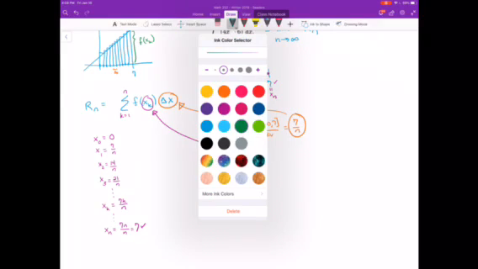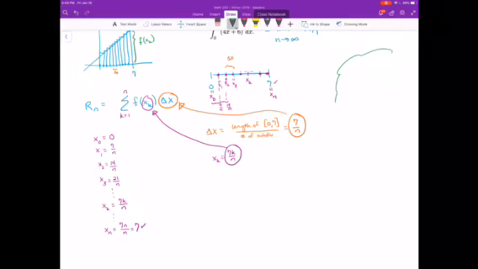Just a quick aside. If instead I was going from, say, 2 to 9, my delta x would still be 7 over n because the length of my total interval is 7. But now x sub 0 is 2. So when I move 7 over n to the right of 2, I'm at the input 2 plus whatever 7 over n is.